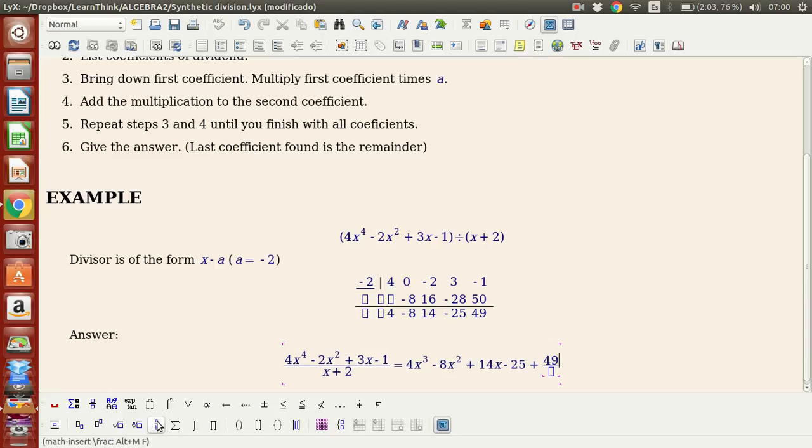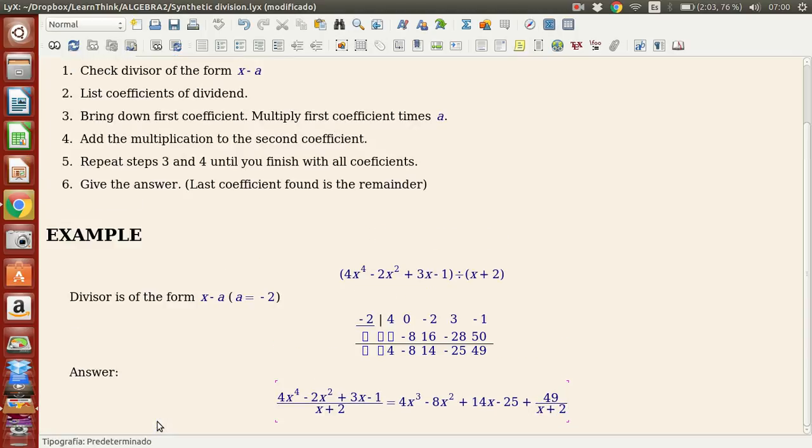The remainder is 49 over x plus 2. Okay, this is the first way to write the answer.